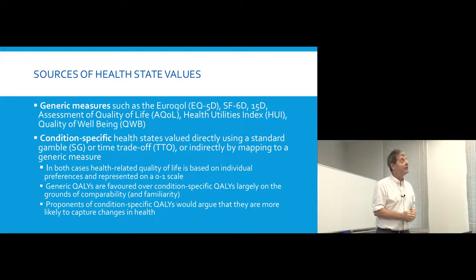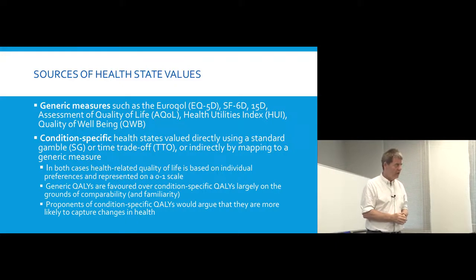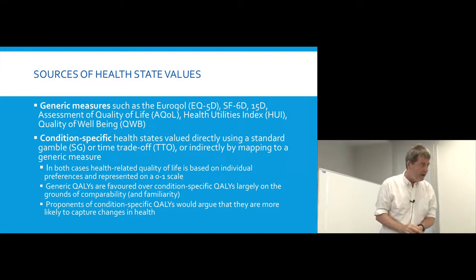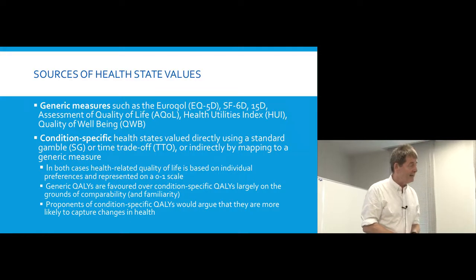Or should I say more accurately, on a scale that has a 0 and a 1, with 1 being the top of the scale, some notion of full health, you cannot get better than 1, and 0 being conventionally the value we assign to being dead.